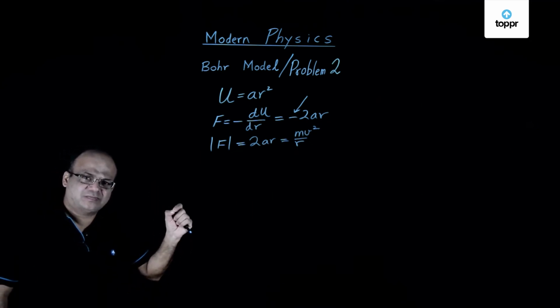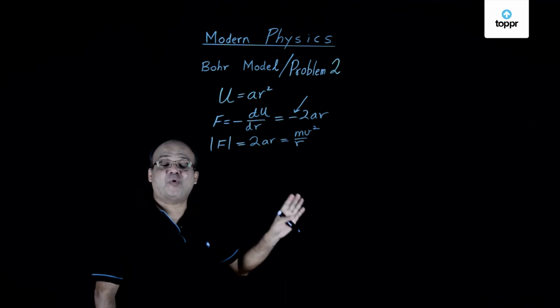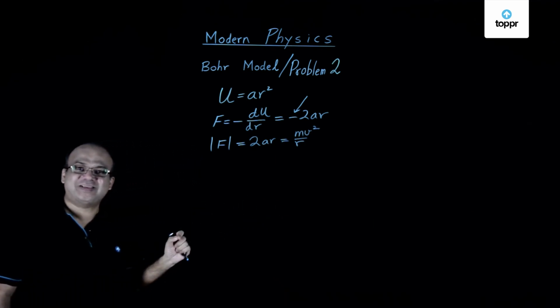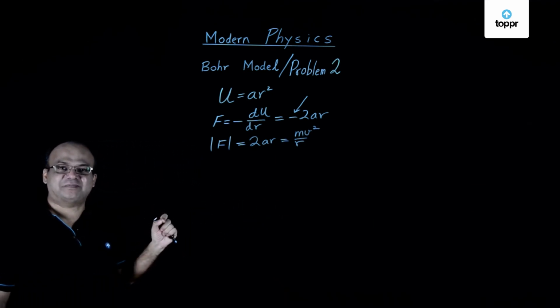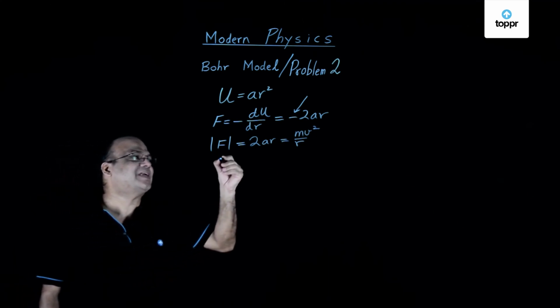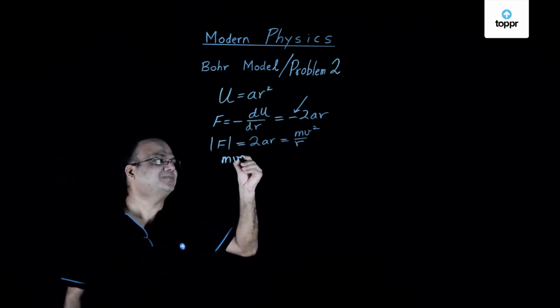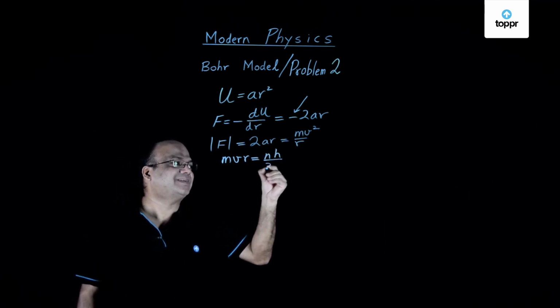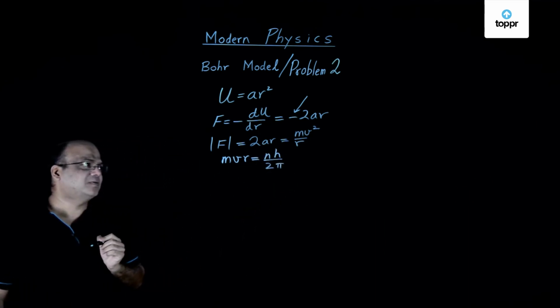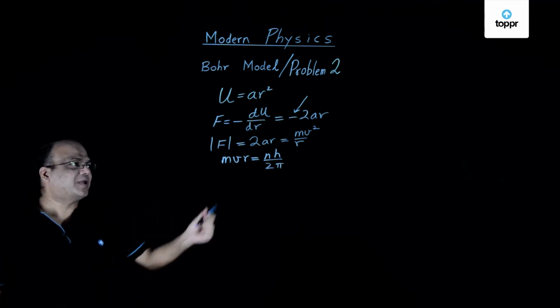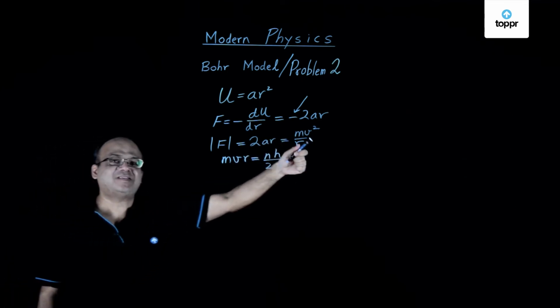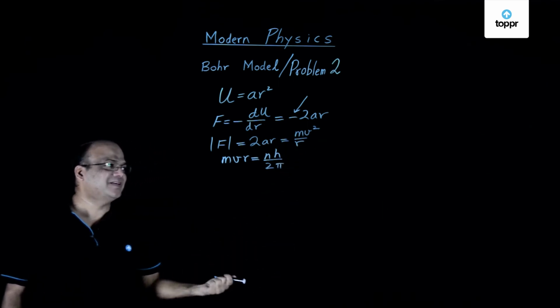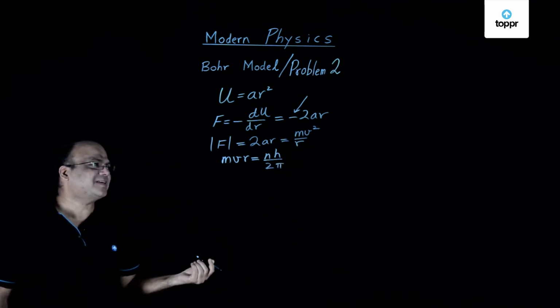Second equation we get from Bohr model of quantization of angular momentum. Right? You know that mvr is equal to nh by 2 pi. So now from this equation we can get velocity and put it in this equation, and then we will find the equation for radius.